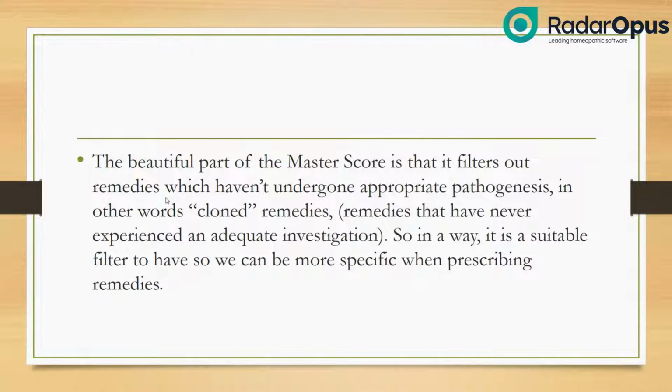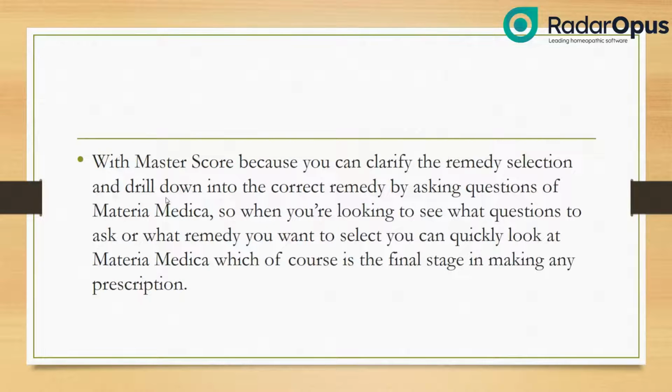Now, it also filters out the cloned remedies, the remedies that have not undergone the appropriate pathogenesis. Those remedies are filtered out by the master score module. It clarifies the remedy selection. So it drills down and narrows down your repertorization to the correct remedy. And now you can also ask these Materia Medica questions and confirm your drug.